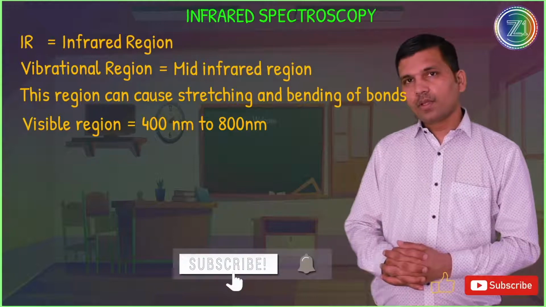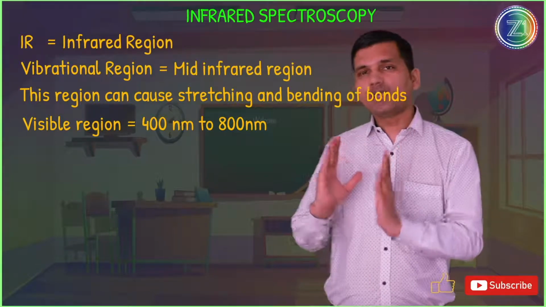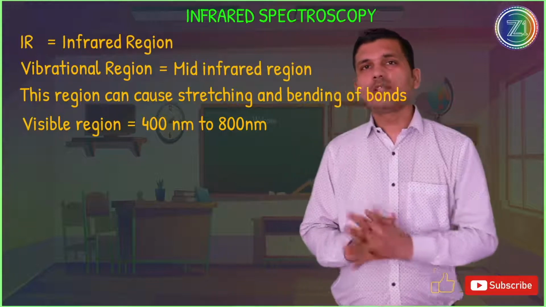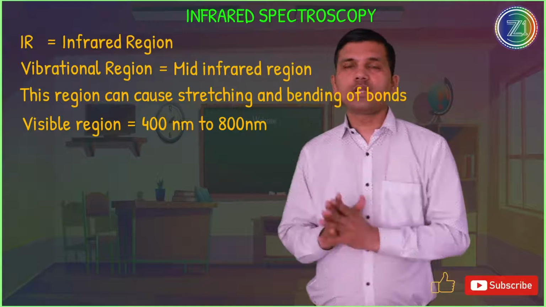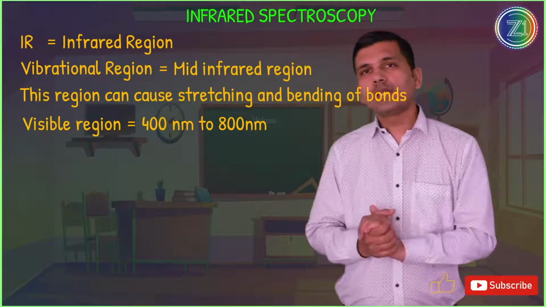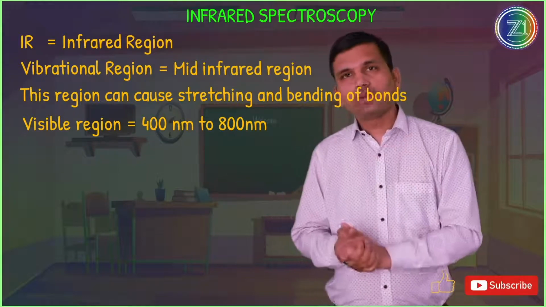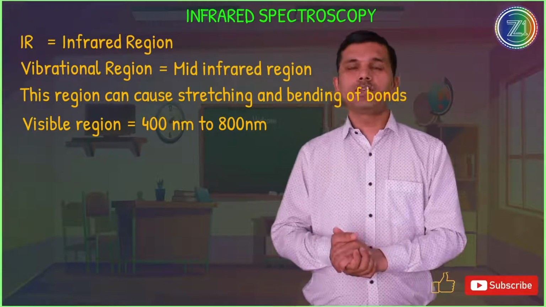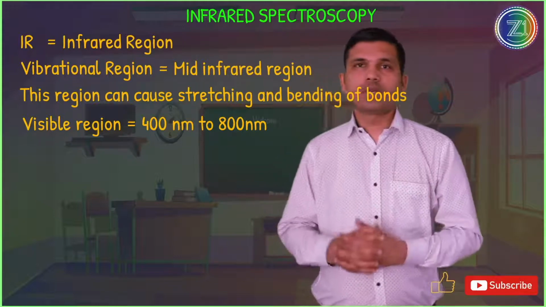So the vibrational region lies after this wavelength region, which means the energy of the infrared part of the spectrum is going to be less than the visible region. You have understood very well about the electromagnetic spectrum.